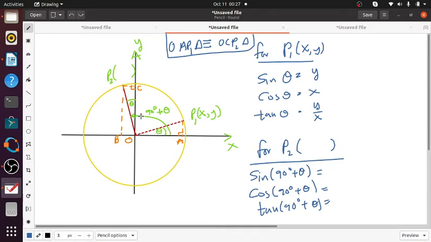So if these two triangles are congruent to each other, their sides are equal.